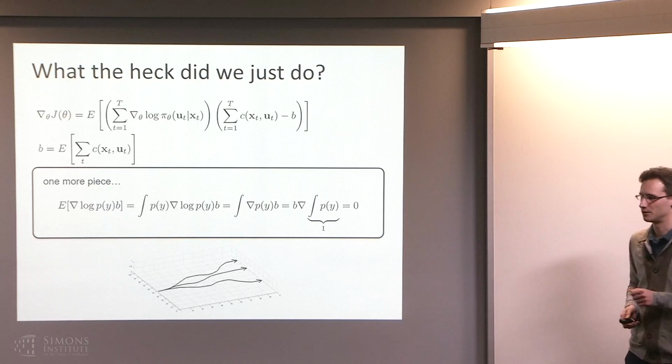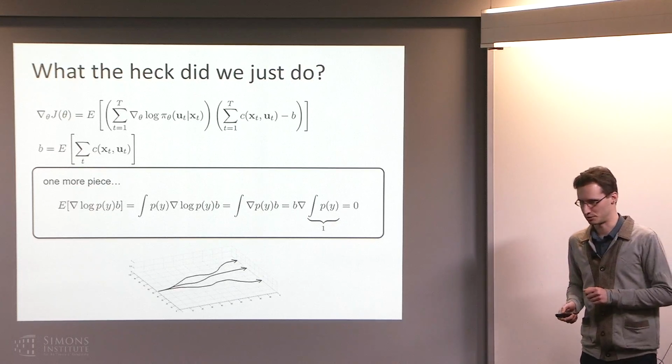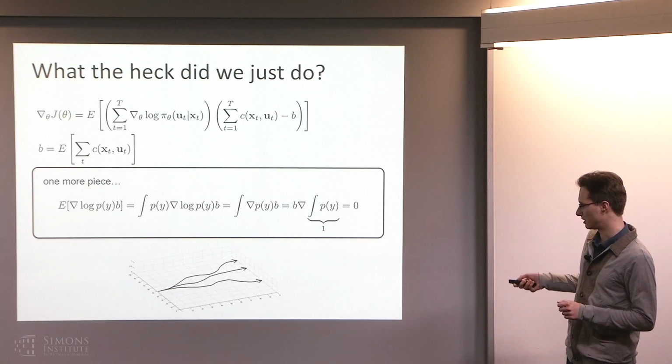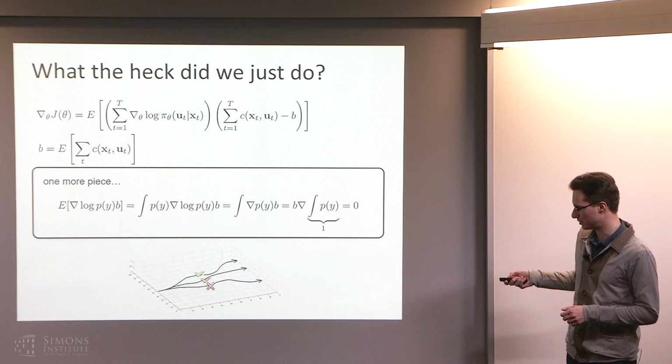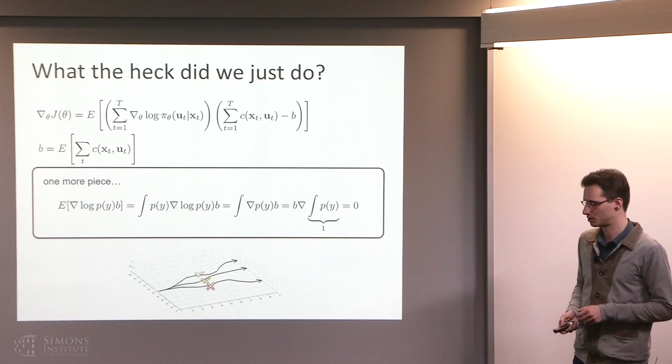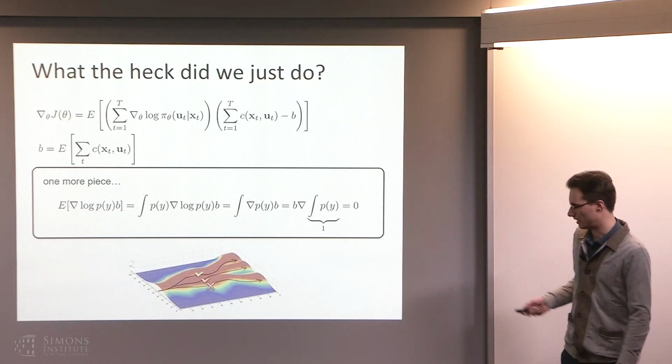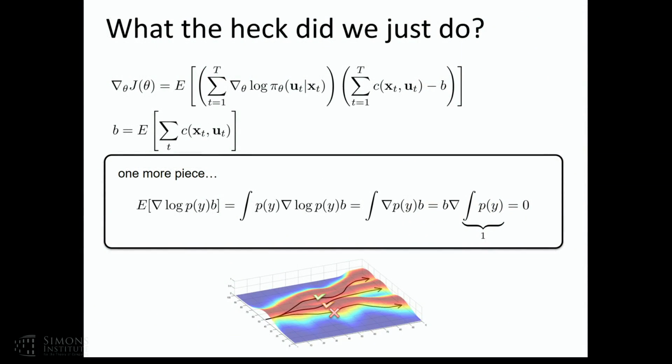If you do that, then there's a very natural intuition to what this algorithm is actually doing. Let's say you generated some samples from your policy, and some of those samples are good, that's the green check mark, some of them are bad, that's the red X, and some of them are mediocre, that's the orange check mark. Since they were samples from your policy, maybe they had about equal density. If you use this estimator, it'll say the good sample should become more probable, the bad sample should become less probable, and the average one should roughly stay where it is.